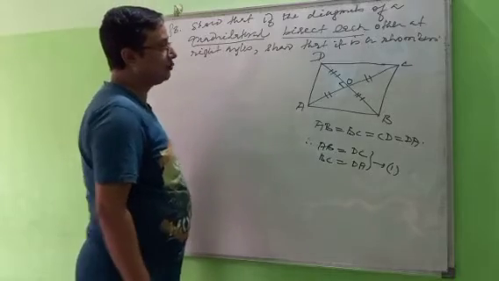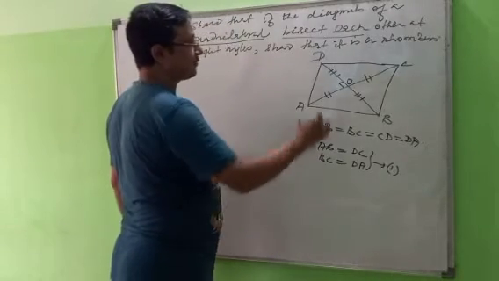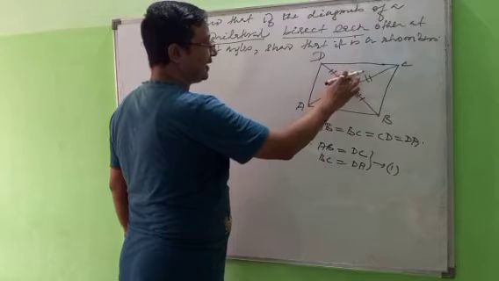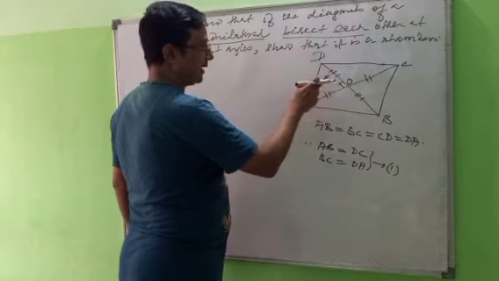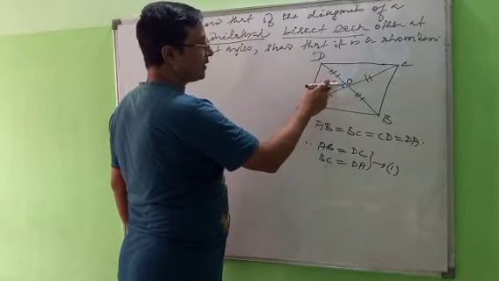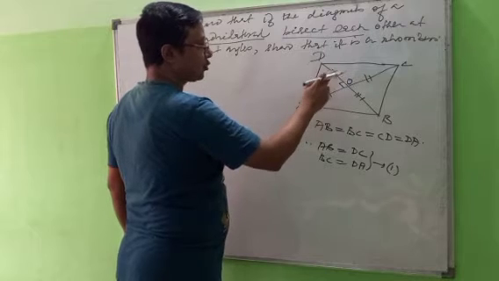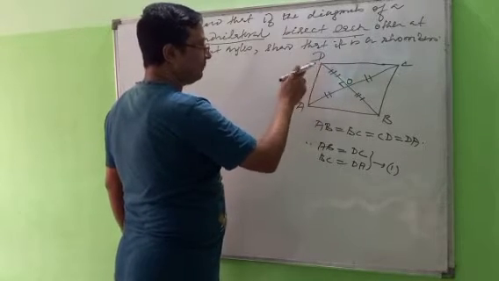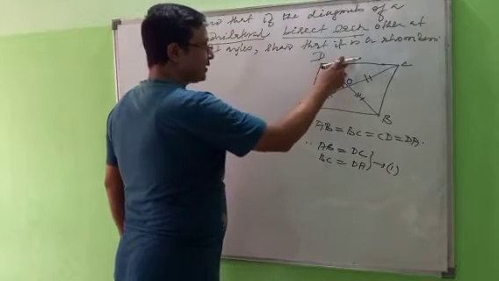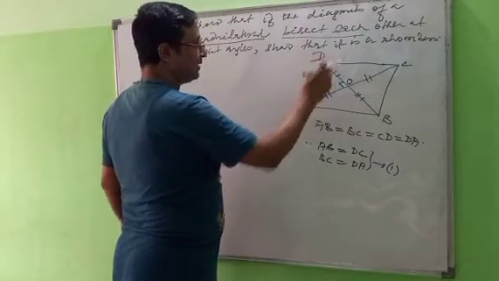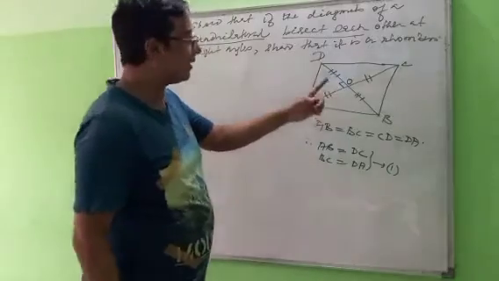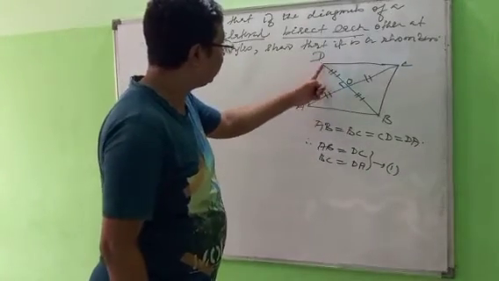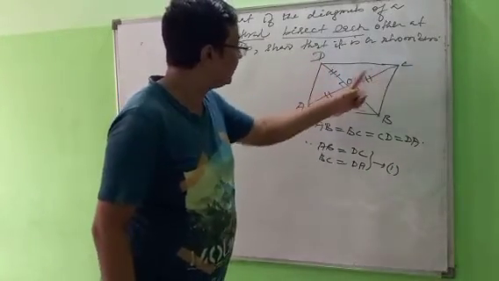Then now you can take the triangles in this way. You can take these two adjacent triangles, and by taking them you will get their adjacent sides are also equal. That means you took the triangle AOD and triangle COD.